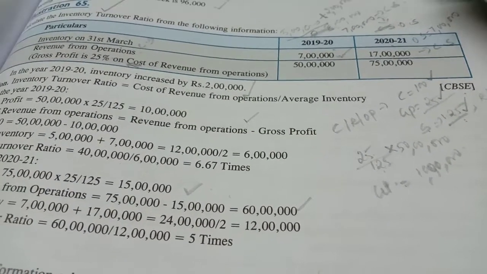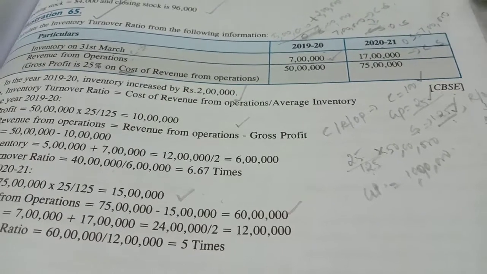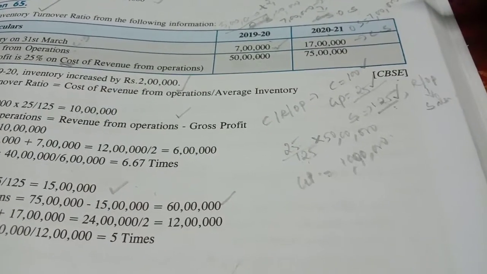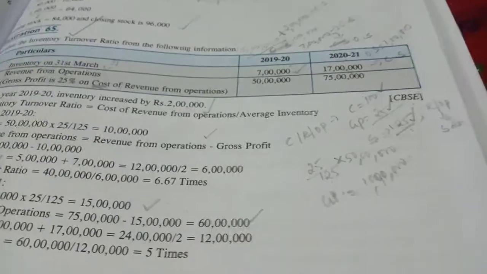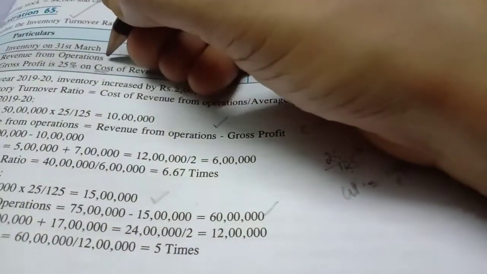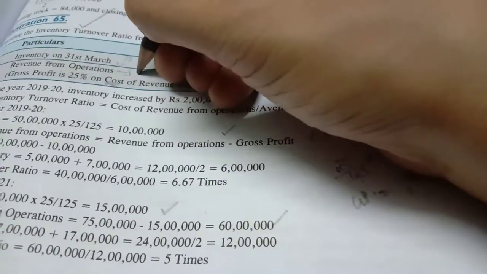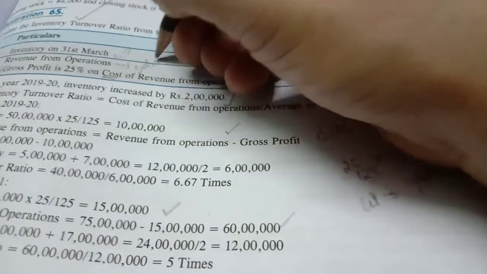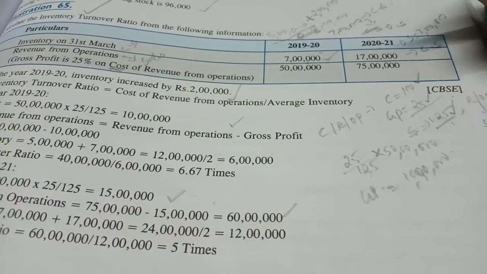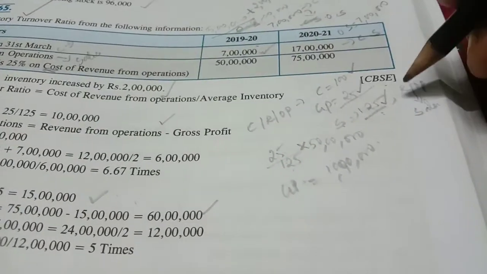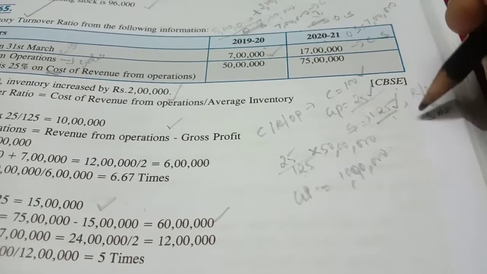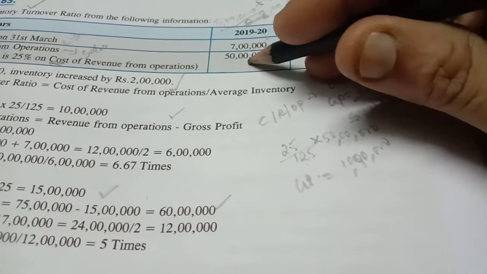How to calculate the revenue from operations? Revenue from operations is called sales. We have the sales amount as 50 lakhs.